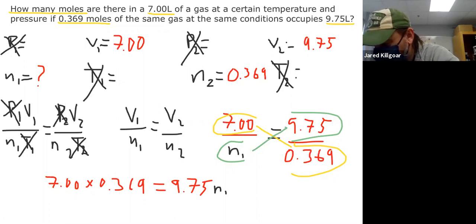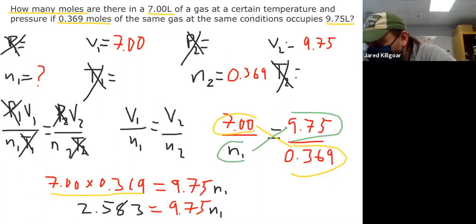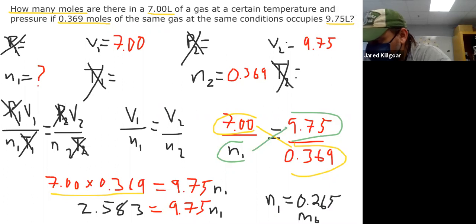We set that equal to 9.75 N. Now I just divide both sides by 9.75, and I get N1 equals 2.265. And that would be moles.